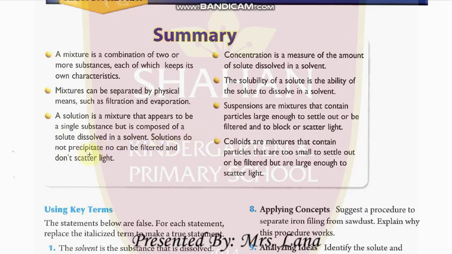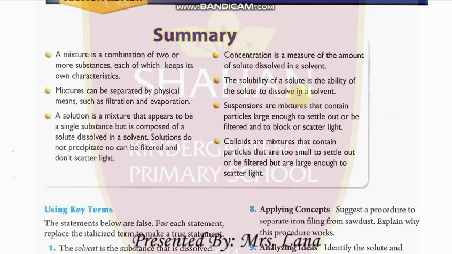Solutions do not precipitate, nor can they be filtered, and they do not scatter light. Concentration is a measure of the amount of the solid dissolved in water. We can measure the amount of the solid dissolved in the solvent. The solubility of a solute is the ability of the solute to dissolve in the solvent.